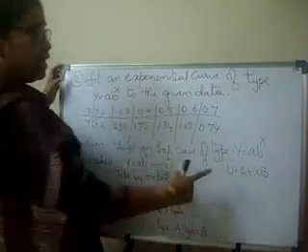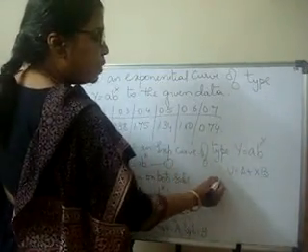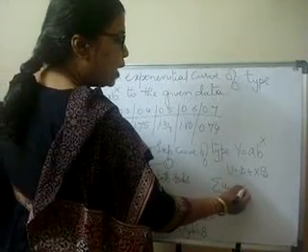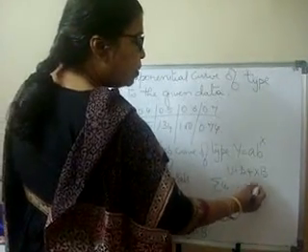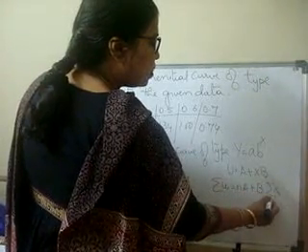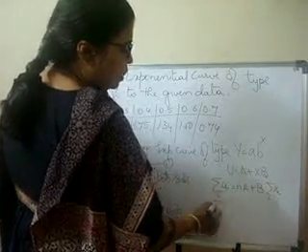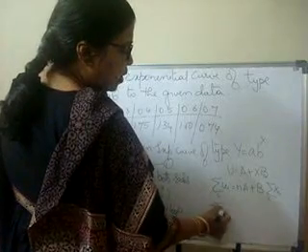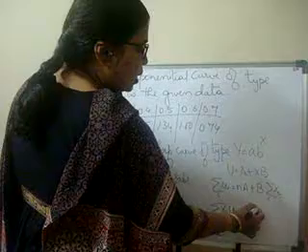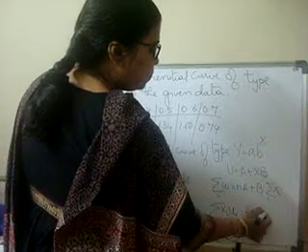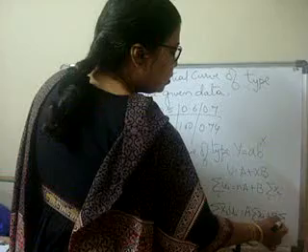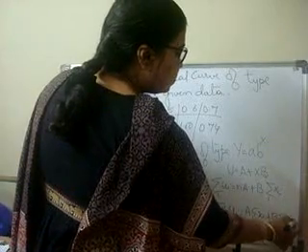So the linear equation will have normal equations. Normal equations are summation ui equals to nA plus B summation xi, and then summation xi ui equals to A summation xi plus B summation xi square.